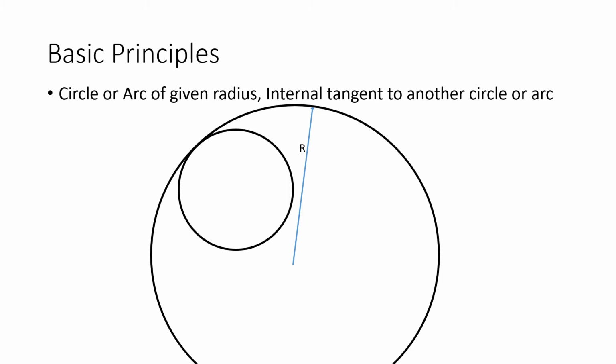And let's look at the relationship between the centers of those two circles. If I wanted to join those centers of those two circles, then that equation works out to be the radius of the big circle minus the radius of the small circle.